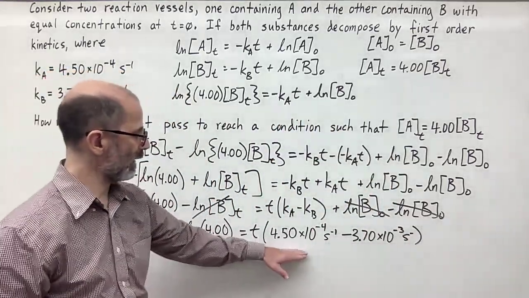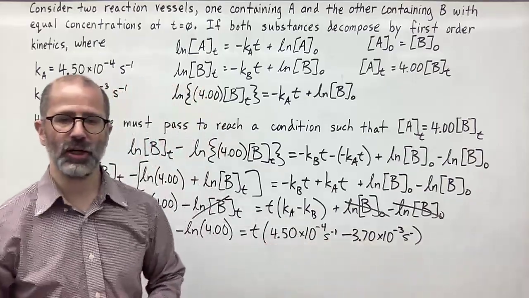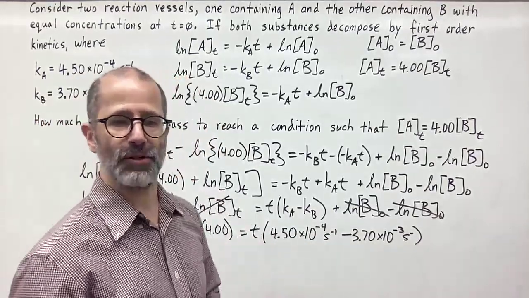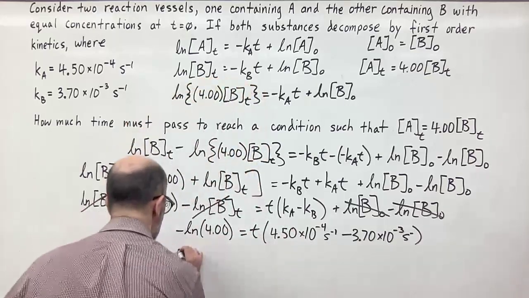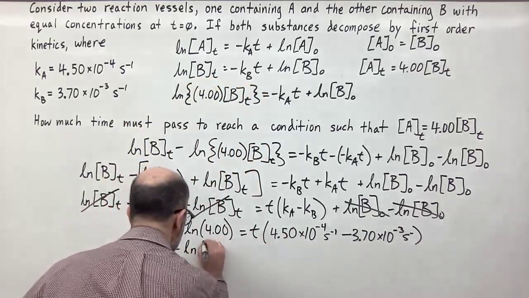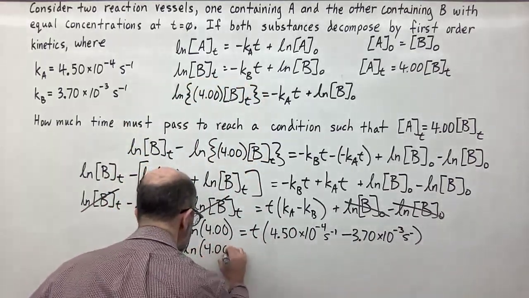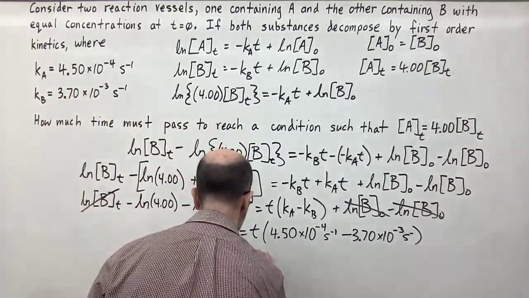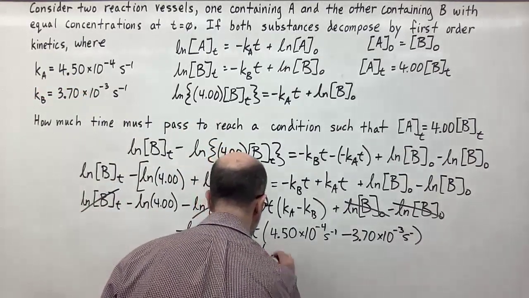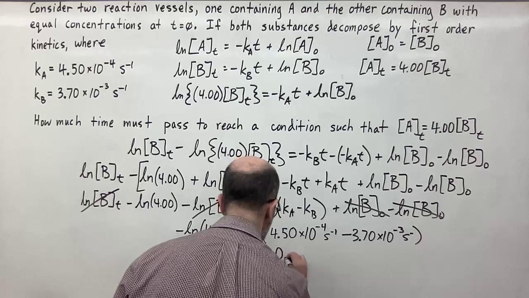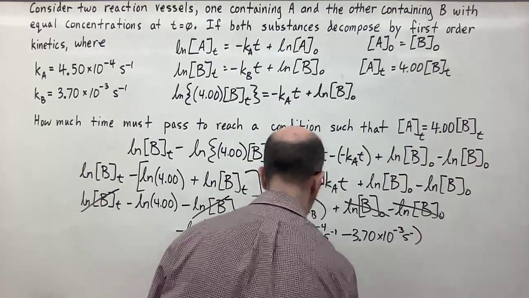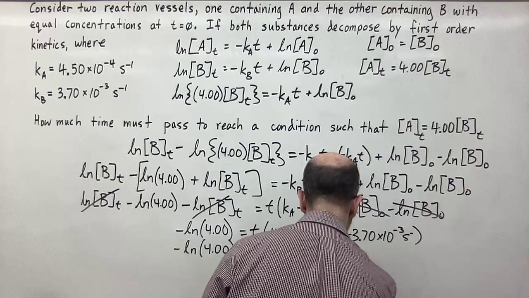Now, when I subtract these two from each other, I get negative 0.00325. So the negative natural log of 4.00 is equal to t times negative 0.00325 per seconds.